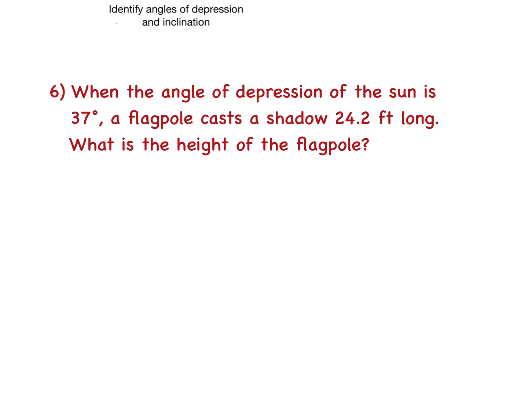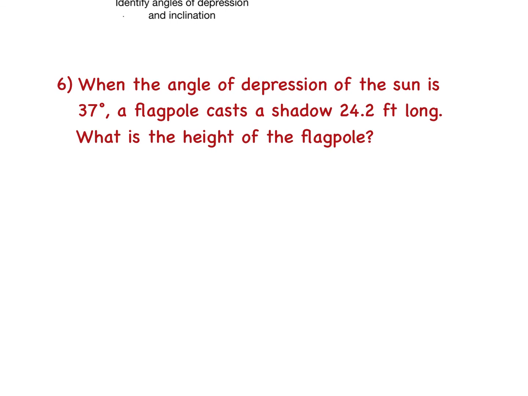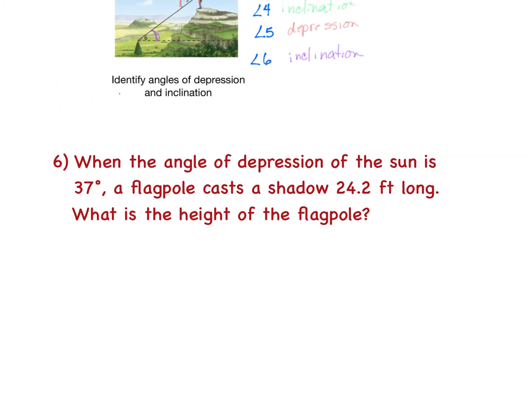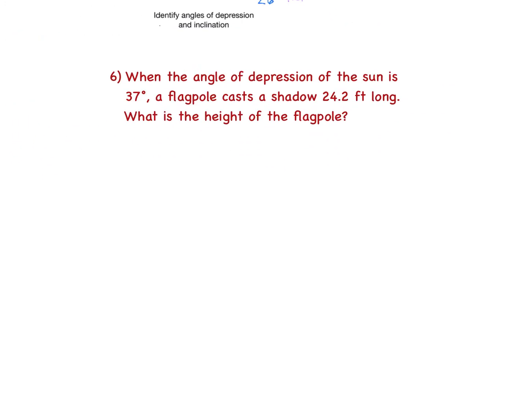All right, first of all, we have this one. When the angle of depression of the sun is 37 degrees, a flagpole casts a shadow 24.2 feet long. What's the height of the flagpole? So here's my flagpole.